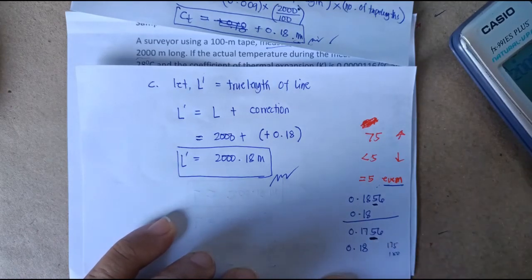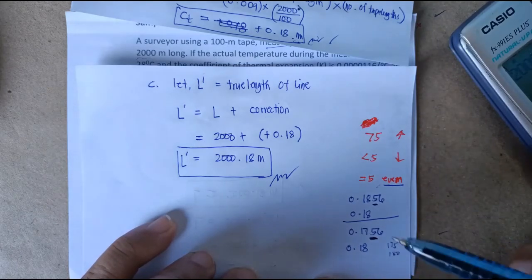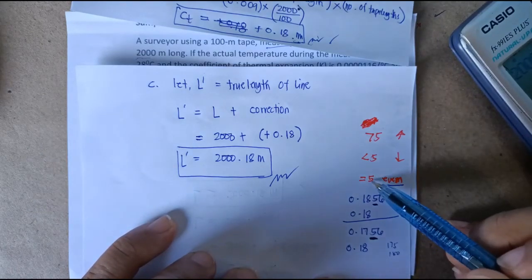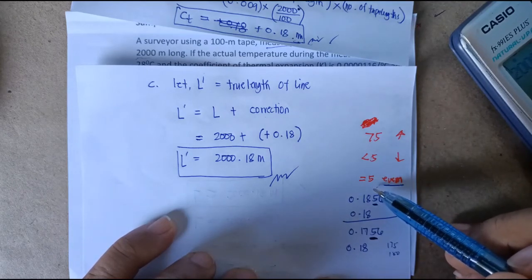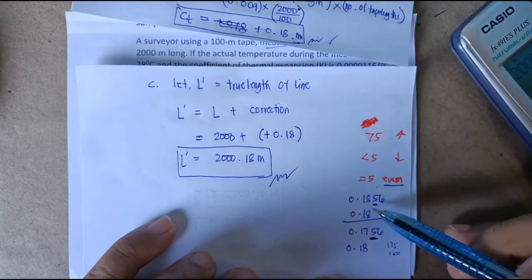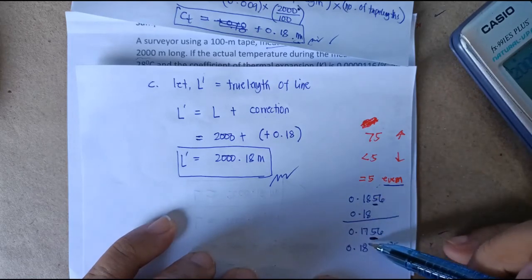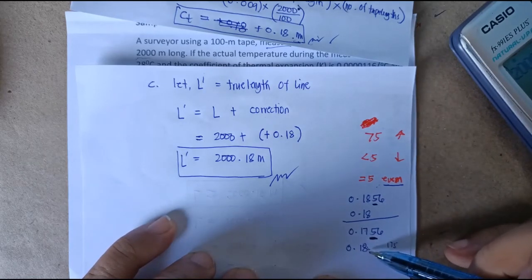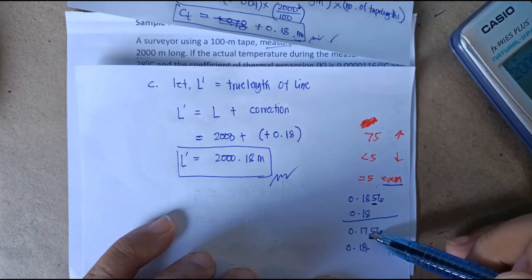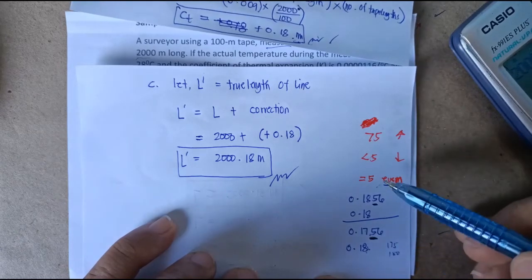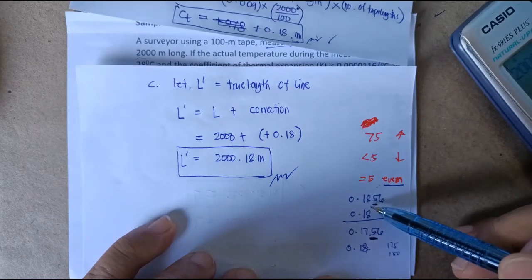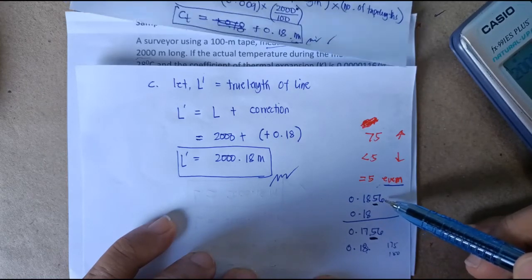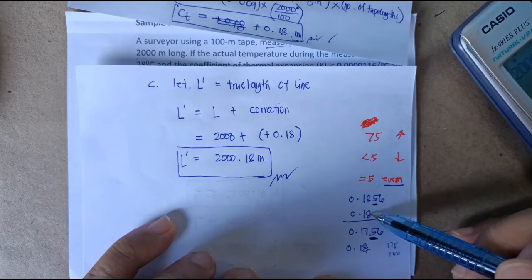Of course we will no longer write the 0. So when the number to be dropped is equal to 5, either you round up, just what we did here, where we make it 18 instead of 17, or it could be round down, just the same as this 1856, where we make it 18.